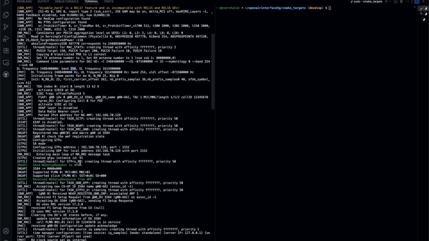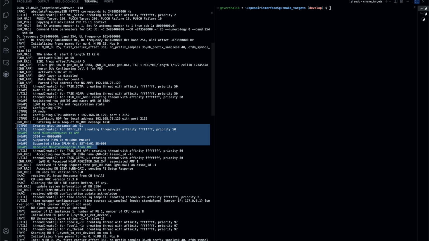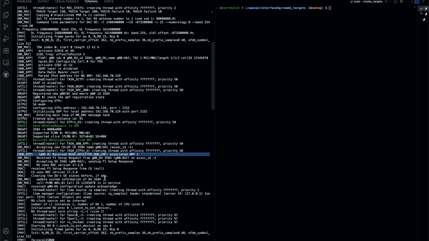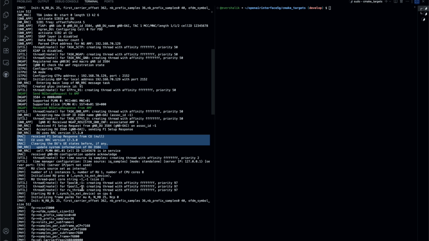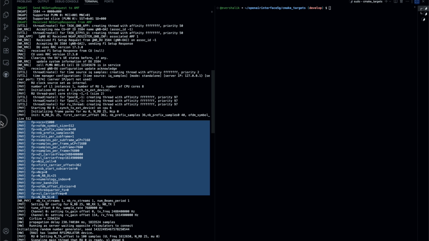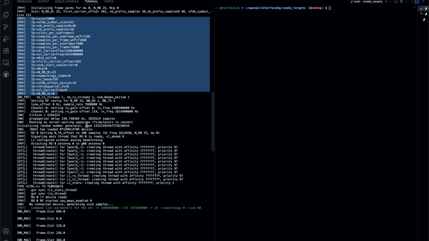Also, here we have the NG setup request and response messages, and you can see in this line now the AMF is associated with the gNB itself. Also, we have some F1AP messages exchanged between the CU and the DU, and these PLMN and all these parameters also. And these are some PHY layer configurations which are taken from the configuration file we are using to run the gNB. So you can also have a look at these parameters.